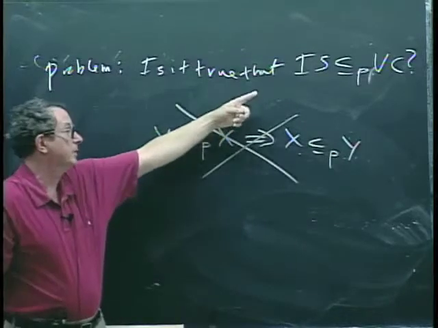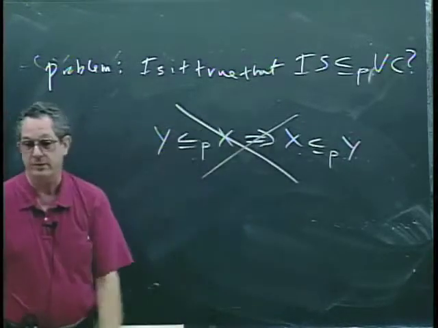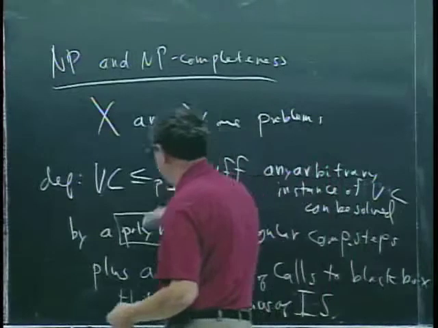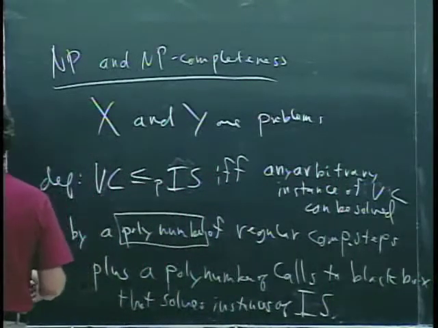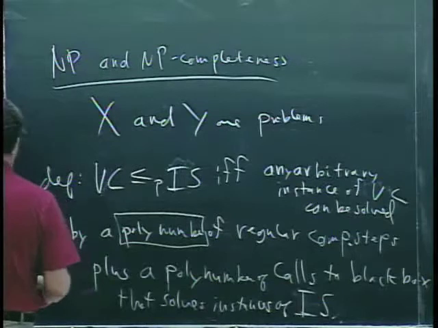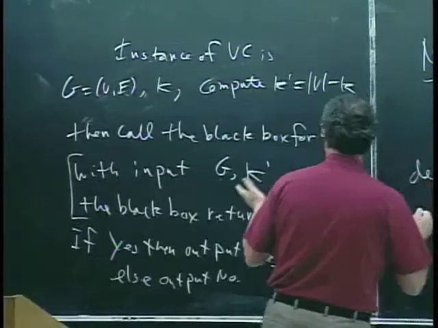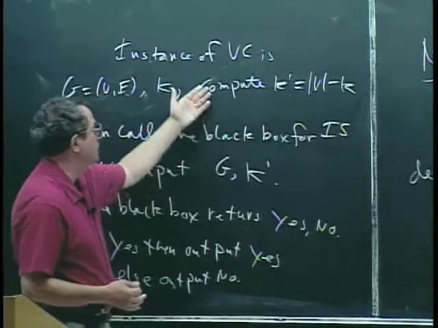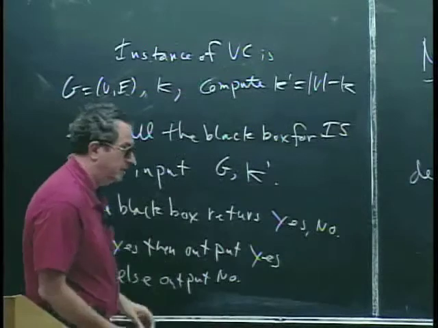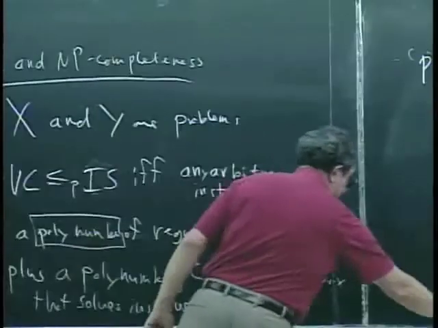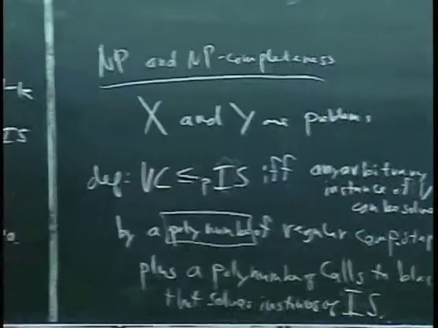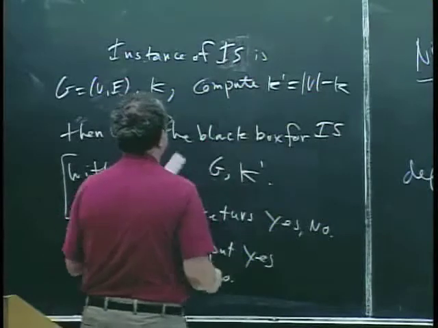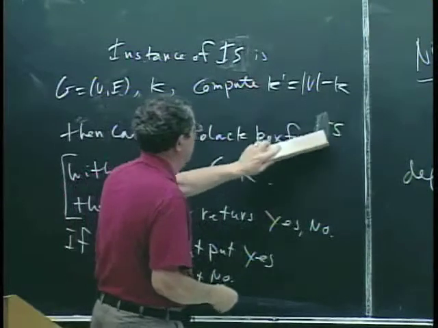But why is it true that independent set reduces in polynomial time to vertex cover? Well, we want to go back to the definition. Here we have the definition, and here we have a particular reduction that went the other way. Vertex cover reduced to independent set. But the point is that by that theorem over there, vertex cover and independent set are so closely related. Essentially the same logic works. In fact, I suspect I can do this literally by global replacement. This is independent set, and compute that, then call the black box for vertex cover.